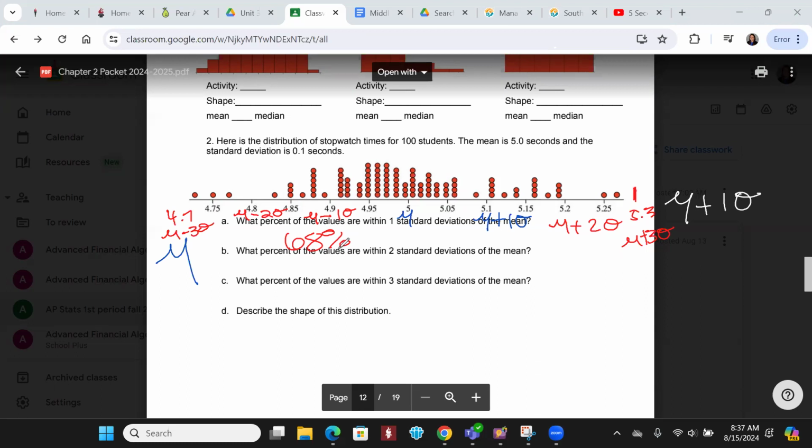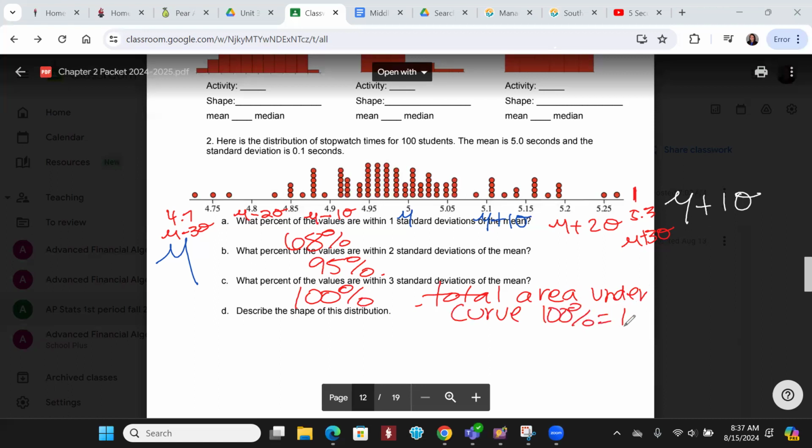For 2 standard deviations, it's going to be 95%. I'll show you the breakdown in just a second. 3 standard deviations is 100% of the data. It covers all the data. So 100% is the total area under the curve, which also equals 1.